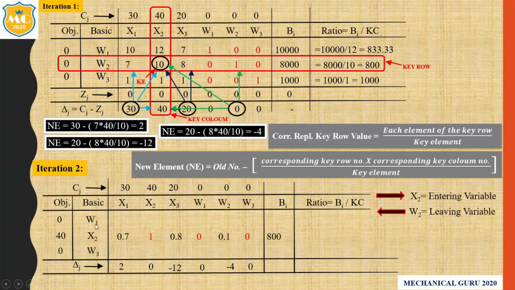Same thing for w1: put 1, and the remaining, x2 and w3, are 0. And for w3, we write down 1, and the remaining, w1 and x2, are 0. The remaining values we find using this equation, 0 0 1. The same equation is used for all remaining values.